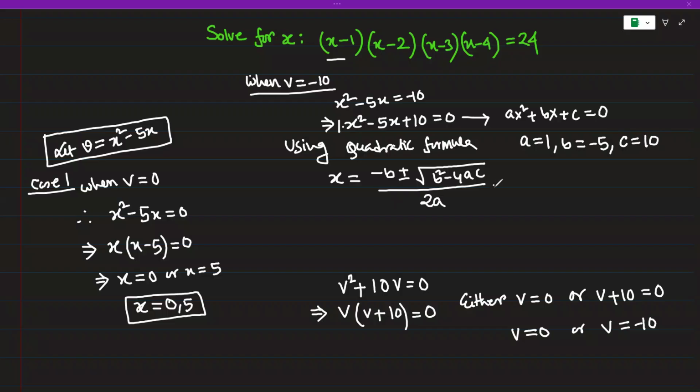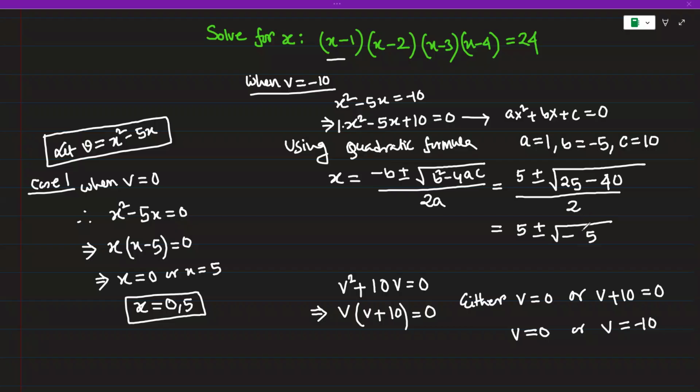Now if we substitute that, we get negative negative 5, which is positive 5, plus or minus the square root of negative 5 squared, which is 25, minus 4 times 1 times 10, which is minus 40, over 2 times 1, which is 2. So we are getting 5 plus or minus the square root of 25 minus 40, which is minus 15, over 2.